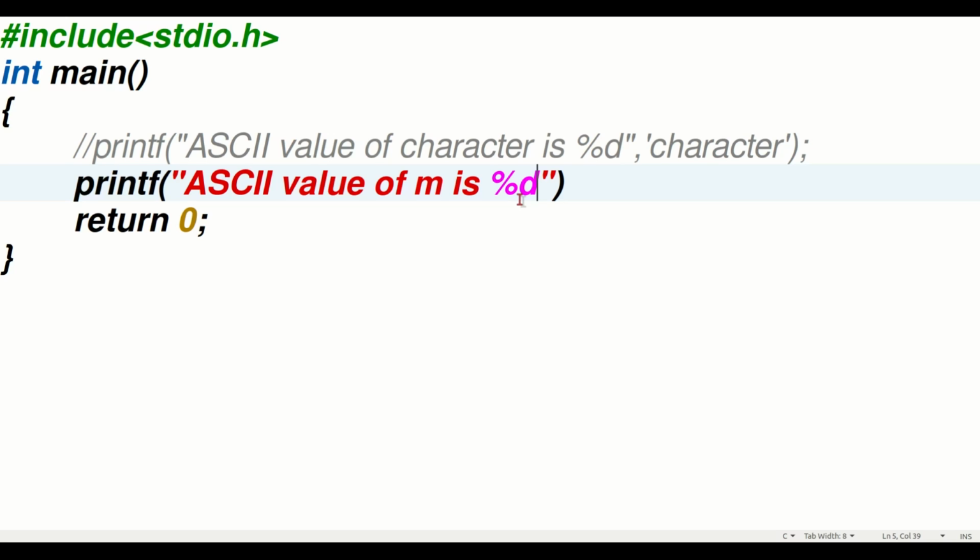Well, in the upcoming videos I will talk about this format specifier %d in detail, but for now what you need to keep in mind is, since ASCII value is an integral value, %d format specifier is used. So we have successfully followed this syntax, and look here, the ASCII value for m will replace this %d and it will be displayed on the output screen.